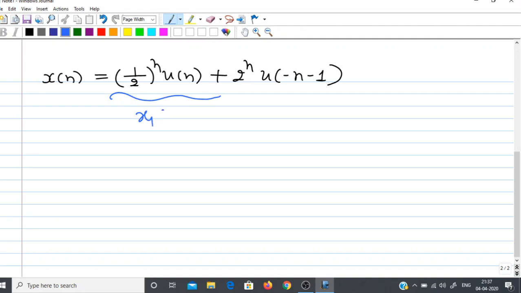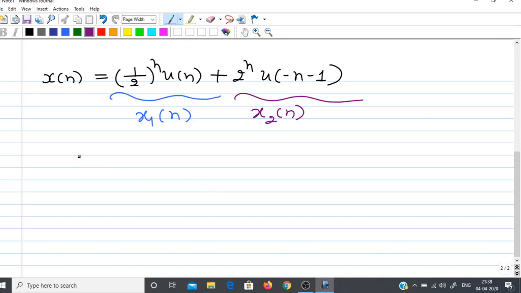Let us call it x1[n], and let us call this sequence x2[n]. And now this x[n] is summation of x1 and x2. And we have to obtain the Z transform of x[n].